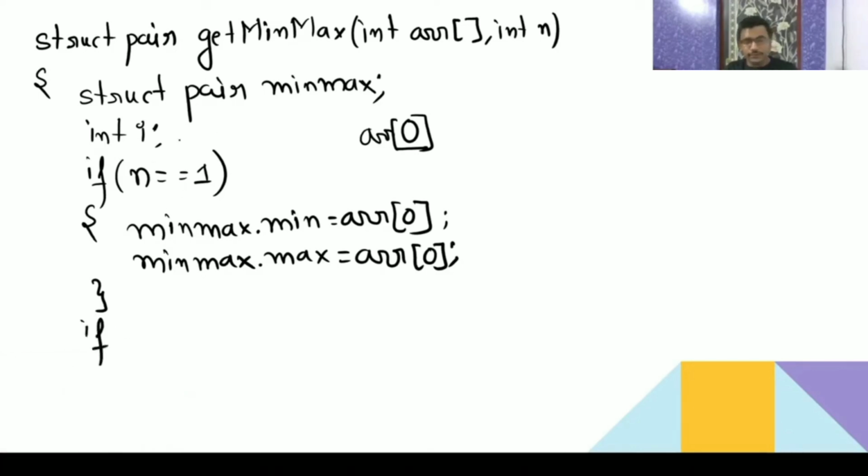If this is false, and one thing I need to do here too: if you have only one element, you got min and max as both the same. After that, no need to go further. Just return the value, return minmax. If it has only one element, then that element array of 0 is both minimum as well as maximum. Then return minmax.